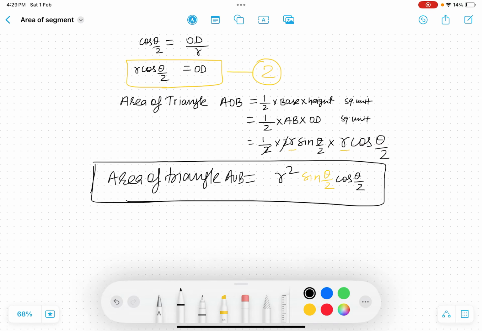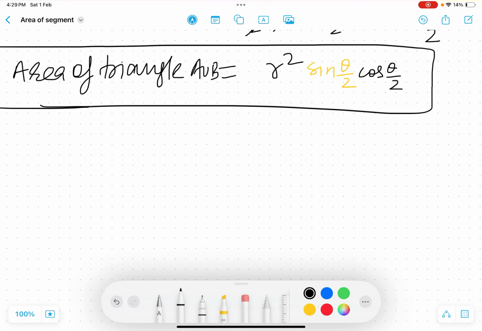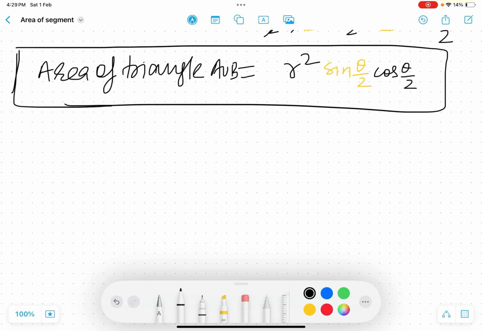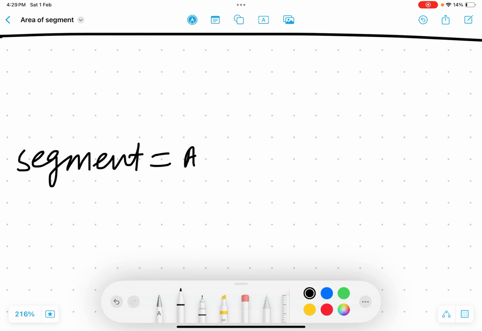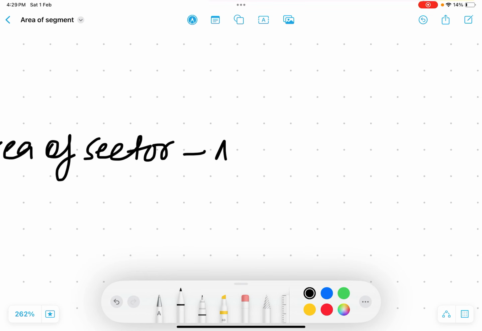Now we are going to put this formula into the area of the segment. What we have written earlier is: area of segment is equal to area of sector minus area of triangle.